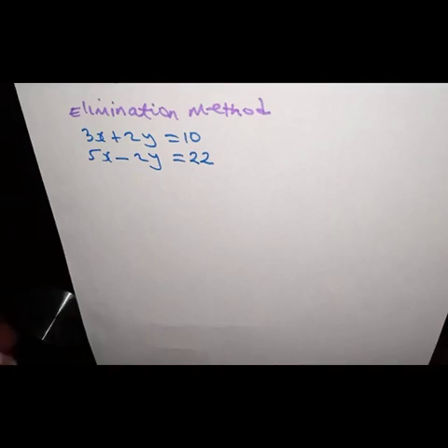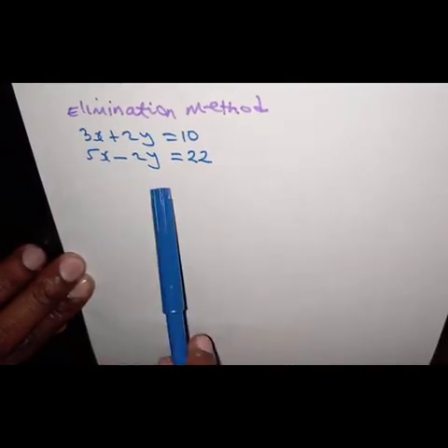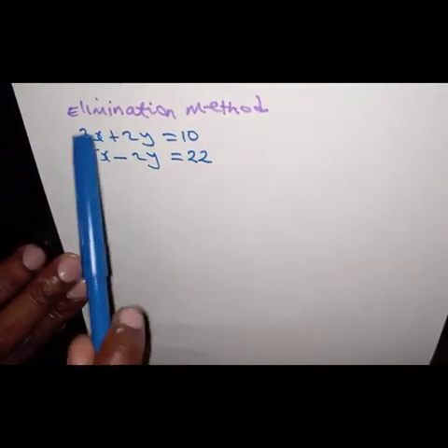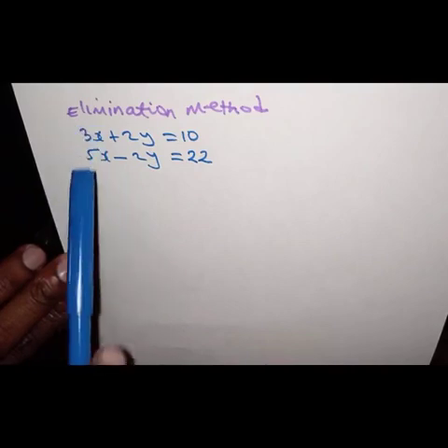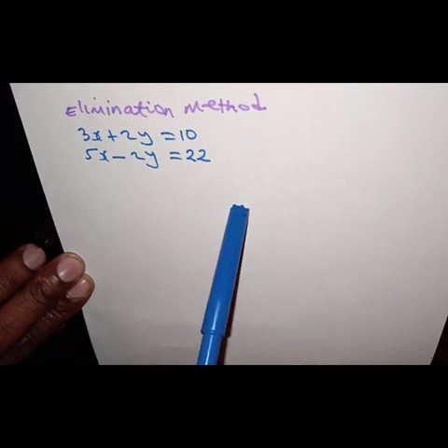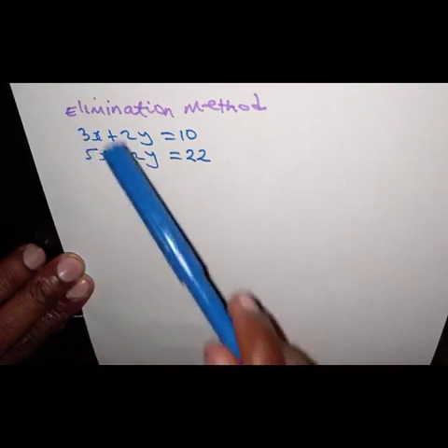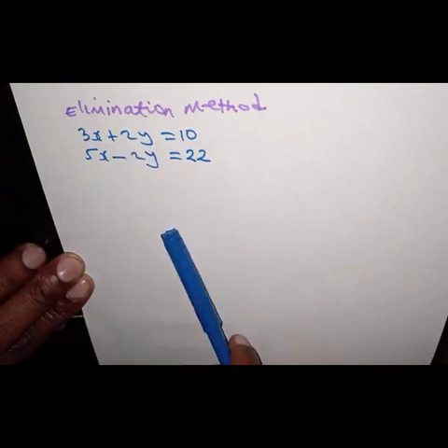So now, how do we use elimination? Choose a variable that must disappear, that must be eliminated. When I say variable, it means a letter. You are free to choose any variable, whether the x variable or the y variable.